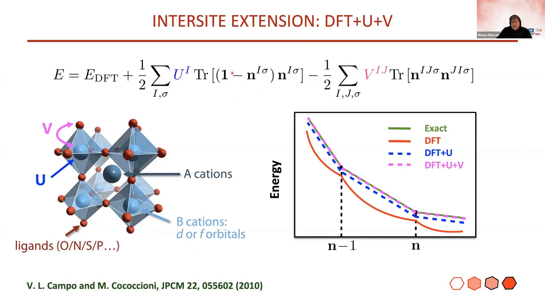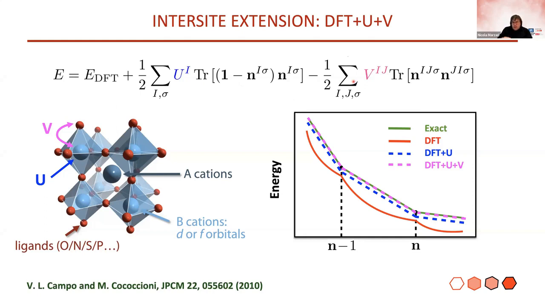But somehow it can push the system a little bit too much toward the atomic ionic solution. And so it's actually very good to have it counterbalanced by off-diagonal elements that we call intersite V-terms between the localized manifold and the ligands, that balance this tendency to render the system more atomic. And again, these can be calculated fully from first principles. You learn in this class how to do that.